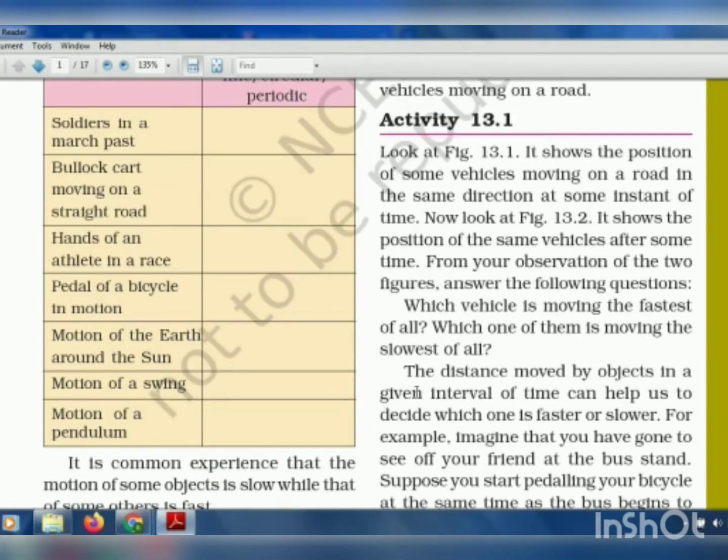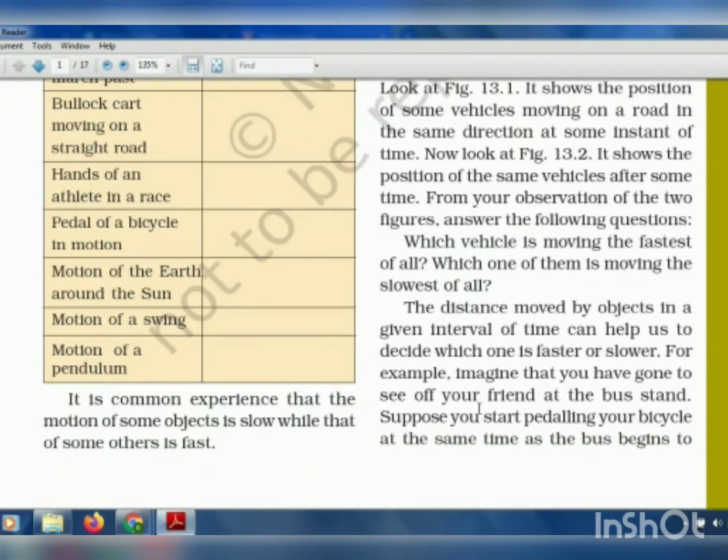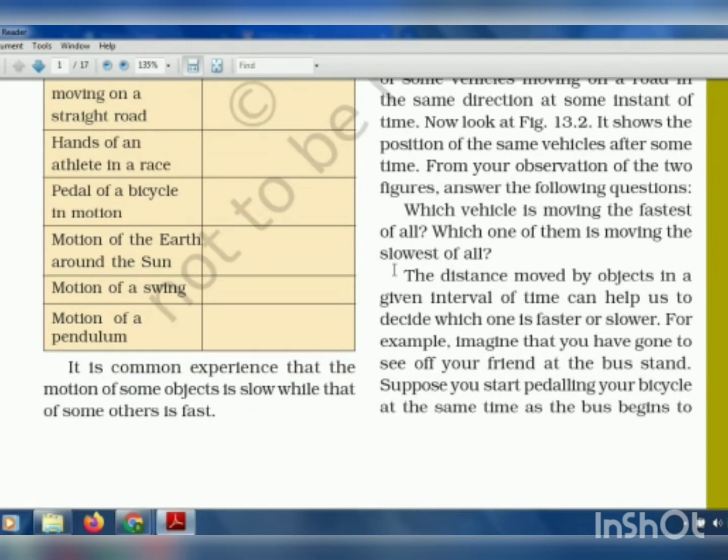So the same thing they have explained here in this activity 13.1. The distance moved by objects in a given interval of time helps us to decide which one is fast or which one is slow. So how much distance an object is covering in a particular time, from that we decide which one is fast or slow.